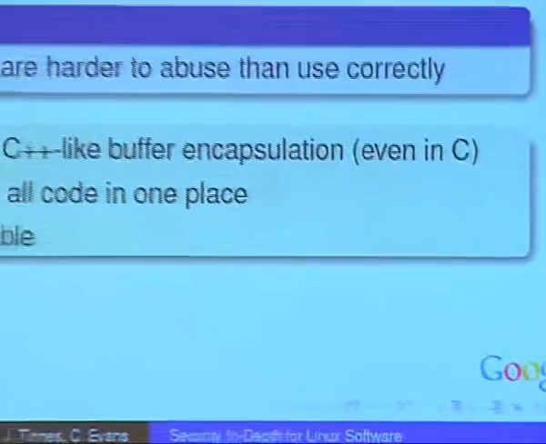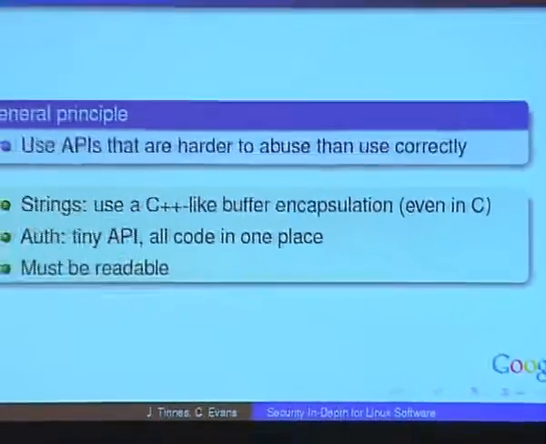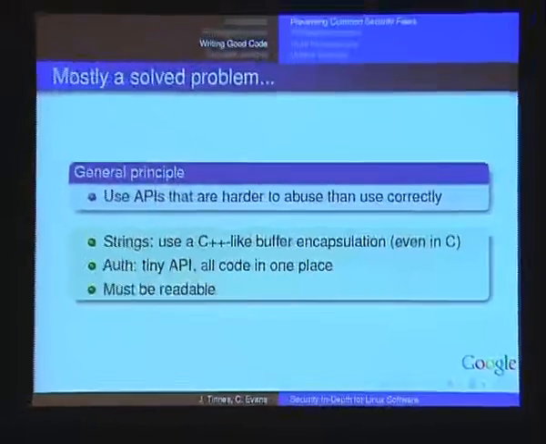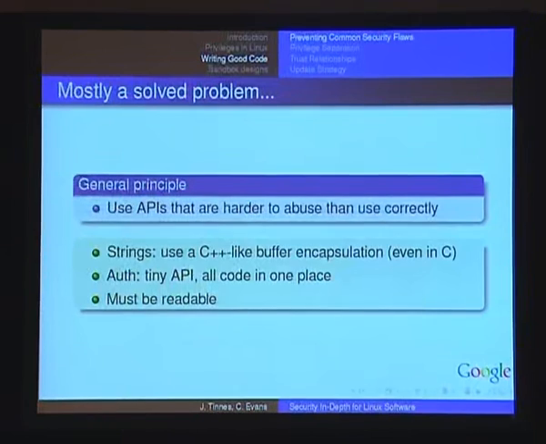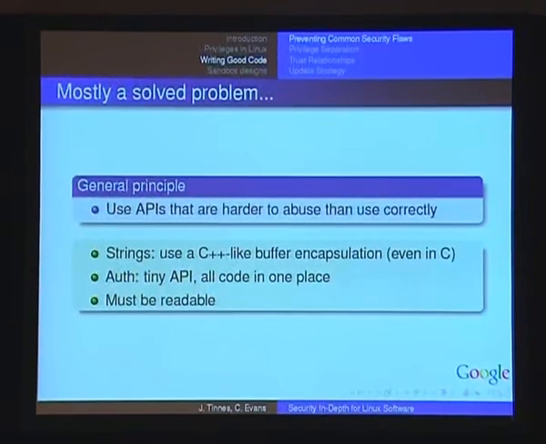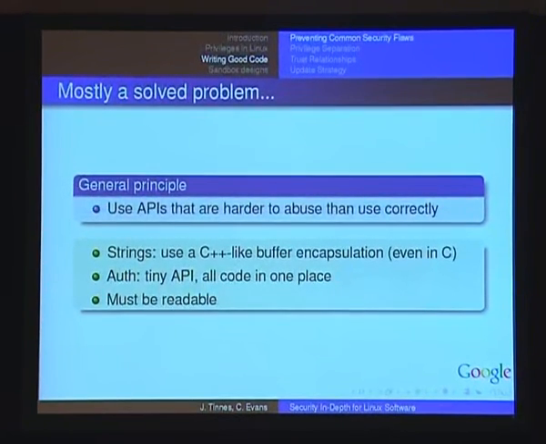And this is actually a solved problem even in C, which is a language that's had a lot of these problems, because you can use a C++-like buffer encapsulation in C, and a couple of programs that have done this are vsftpd, which we're going to talk about in more detail shortly. Another good example we talked about just before lunch was Qmail, a popular mail daemon, and that has had very few problems, if any, with string manipulation and buffer overflows and so on.